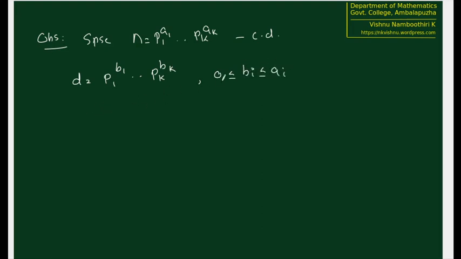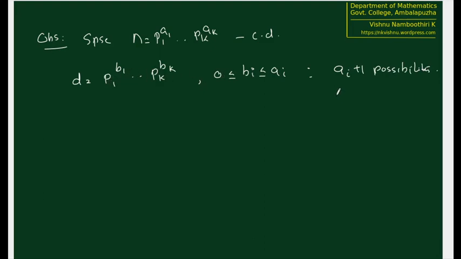Now for each bi, the possibility is that it can be 0, it can be 1, it can be 2 etc. up to ai. Therefore there are ai plus 1 possibilities for the power of pi.